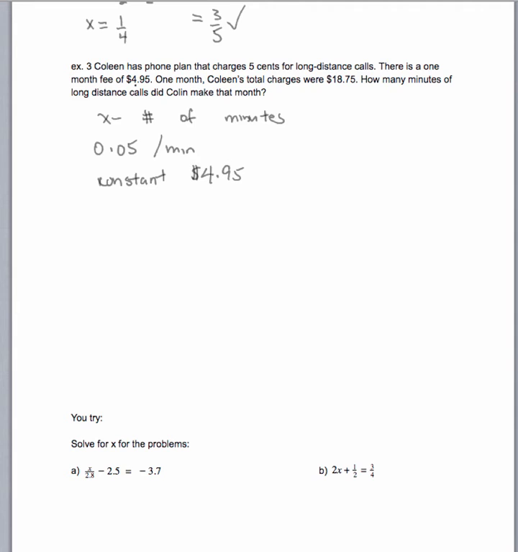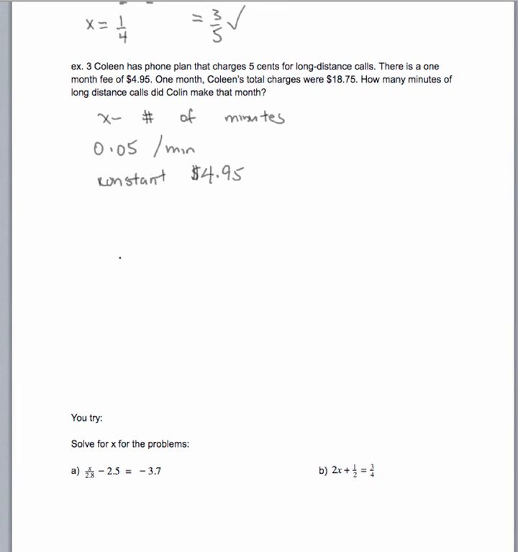So what this $4.95 means is that you will always be charged $4.95 regardless of how many minutes you call. And that's very similar to a previous unit where there was like a fixed cost of taxis, and then every kilometer you traveled you had to pay more. So this is very similar to that kind of problem.